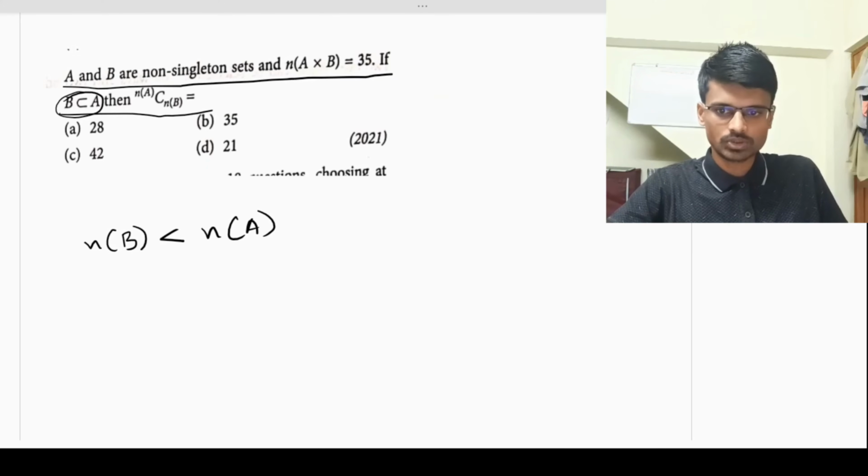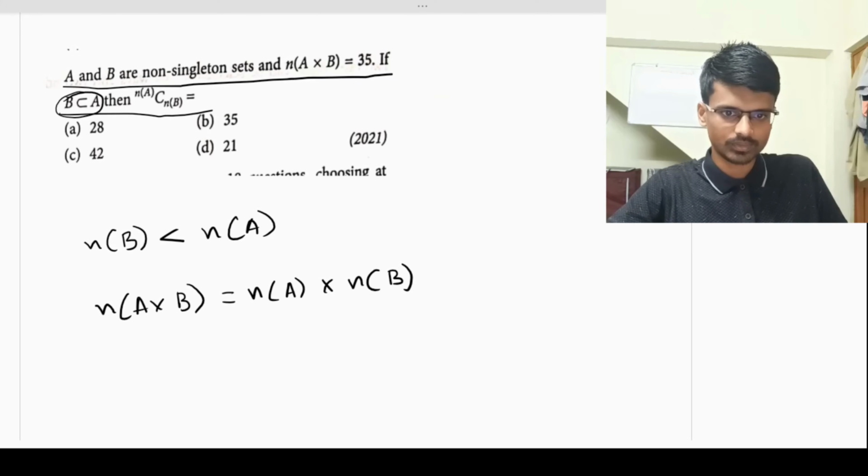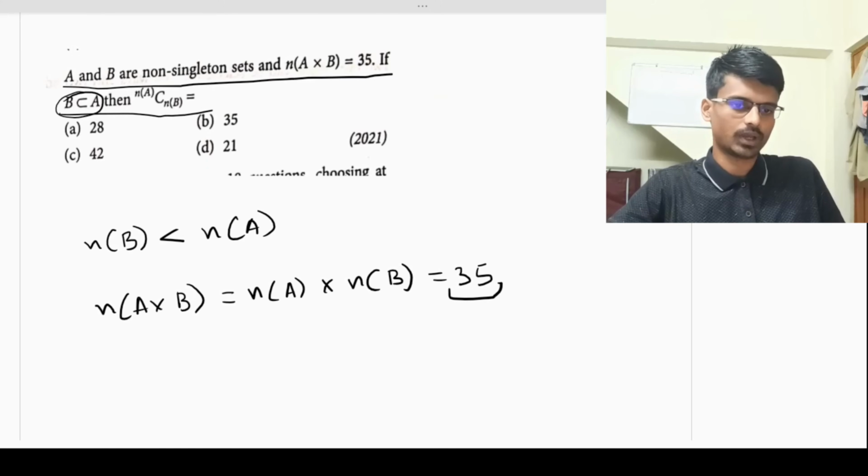Okay. So what is n of A into B? It is n of A times n of B, right? 35. We know they are non-singleton sets. So how can we obtain 35? Just try it. We can obtain 35 only by multiplying these two numbers because they are not singleton sets.